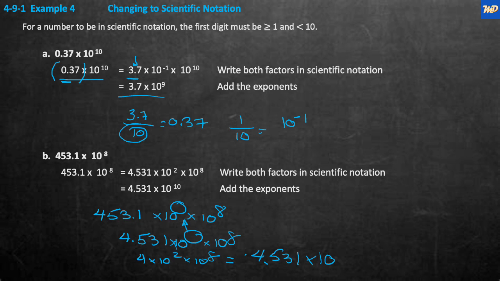To the 2, because it's squared, and that adds with the 8. So 2 plus 8 is equal to 10 to the 10th. Okay, that's what it shows here: 4.531 times 10 squared times 10 to the 8th, and you add this exponent and you get that exponent. Okay?